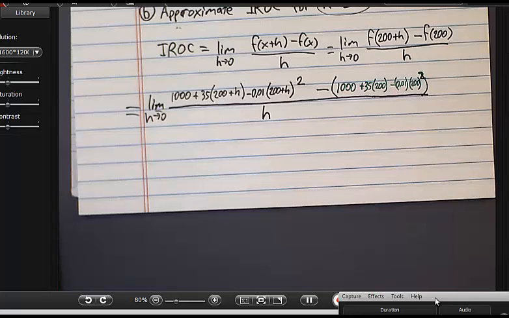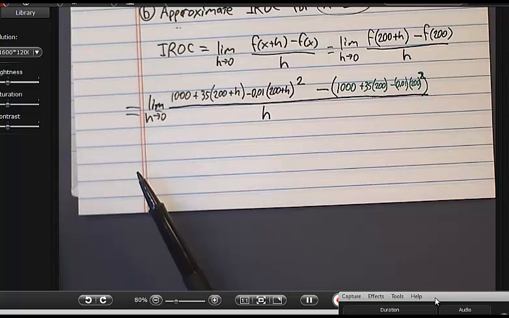All right? And this is where it gets a little bit nasty, right? Because I'd like to compute algebraically what this big thing is and then take the limit.